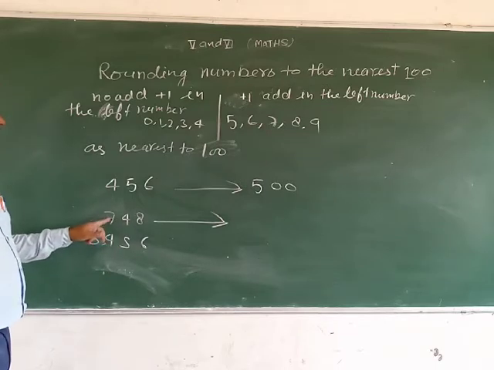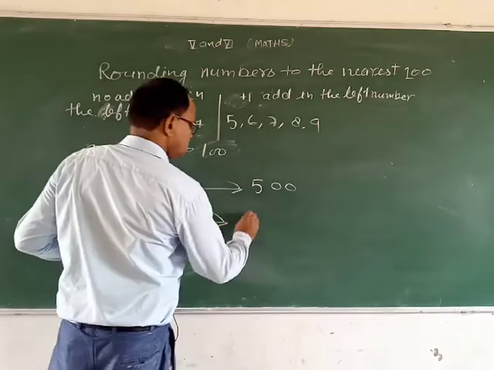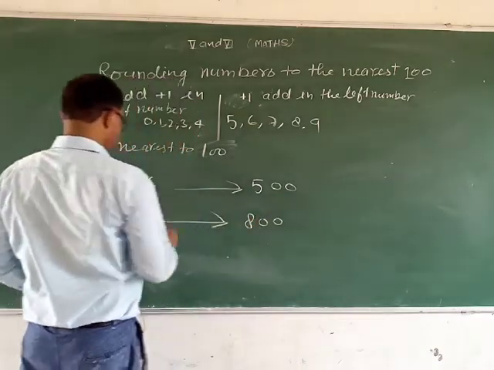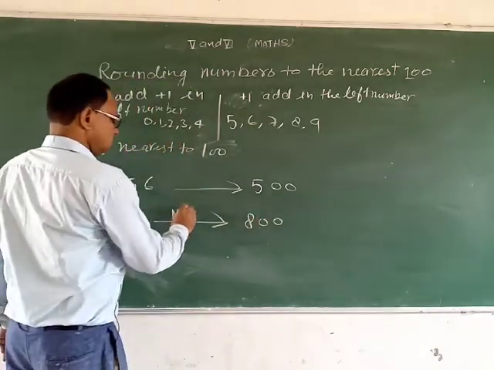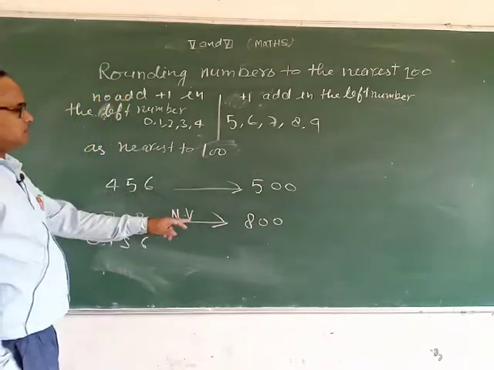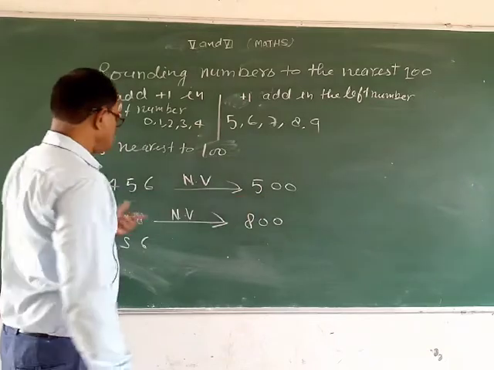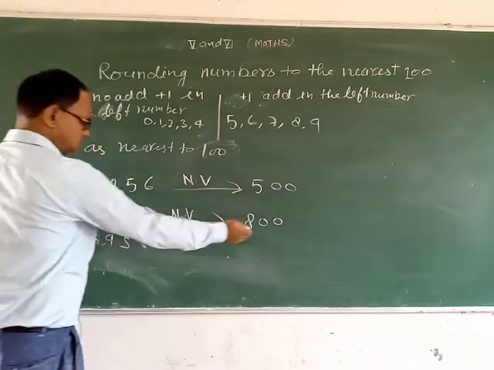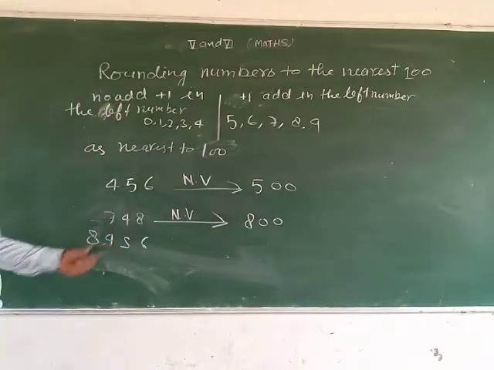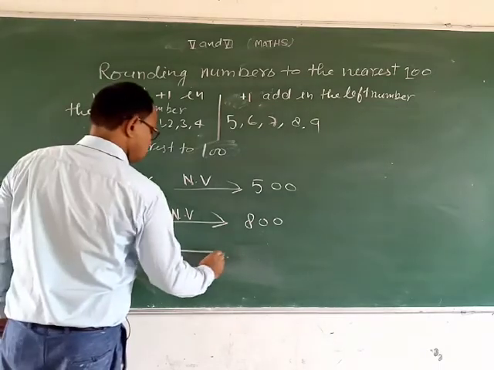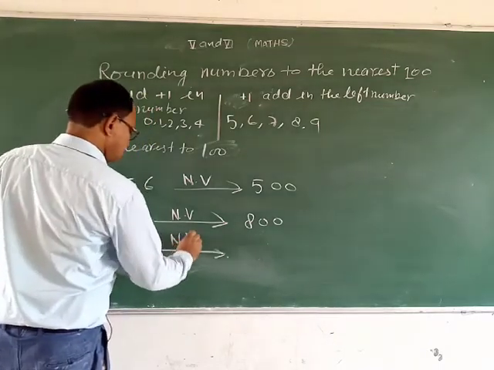Then it makes 8. Then its nearest value is 500 of this. And here in this case nearest value of 100.